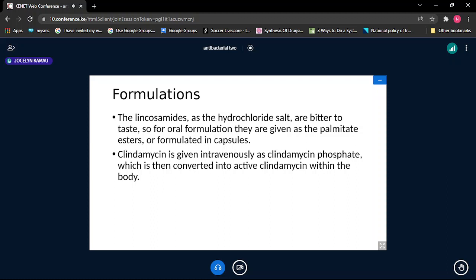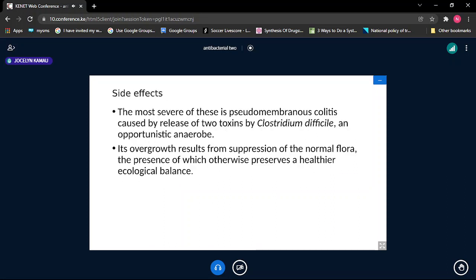So you can formulate it in those three main ways, but the main one is, of course, the palmitate hydrochloride or the phosphate for injection, because the other one is quite bitter and you cannot give it as it is, unless, as we have said, you give it in the form of a capsule. So we have said it is given intravenously as clindamycin phosphate, which is then converted into active clindamycin within the body.